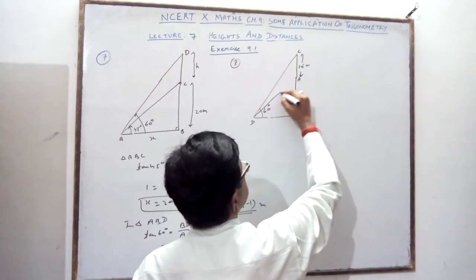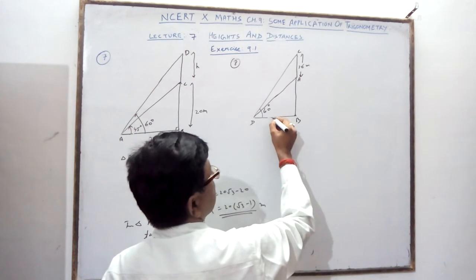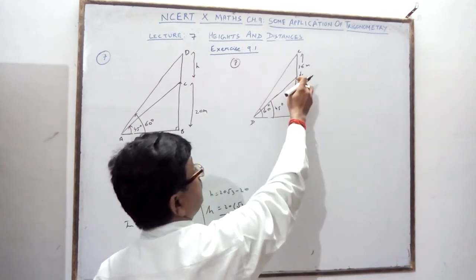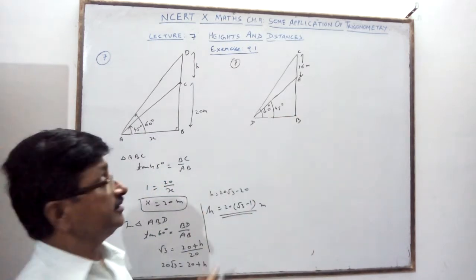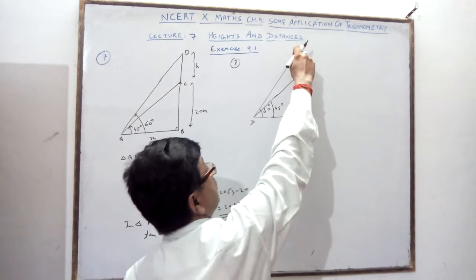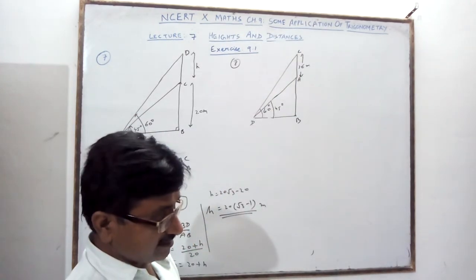Here you are getting 45 degree. It is the top of the pedestal, pedestal is AB, or you can say the bottom of the statue.